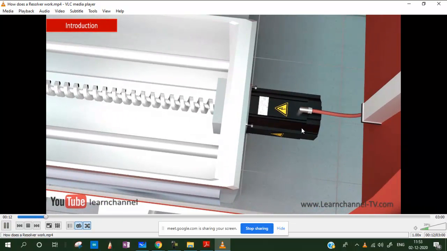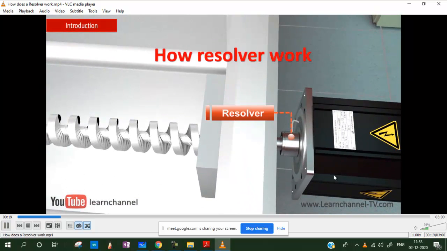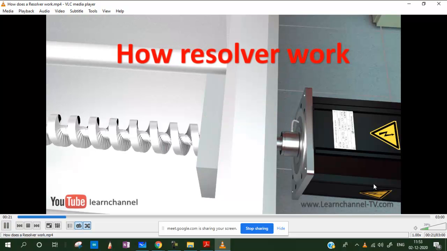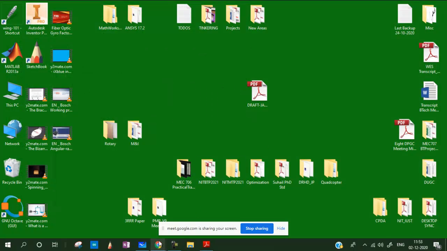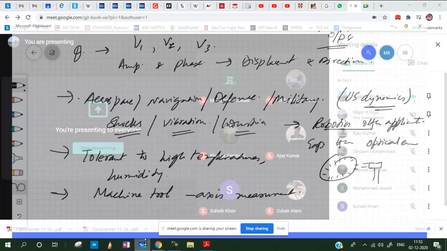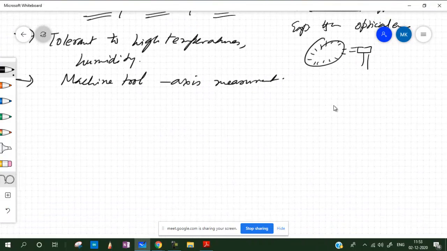This is the motor, the servo motor, that is driving the axis. This is where the resolver is actually used. This is the resolver. You can look for this video if you are interested. So this is one of the applications where we generally make use of resolvers and synchros.